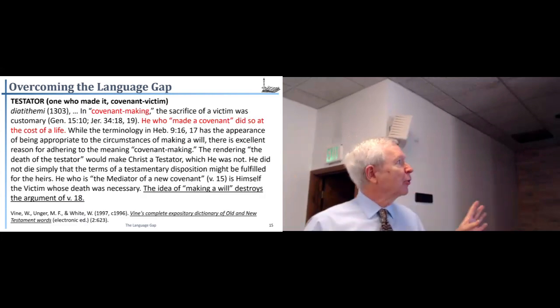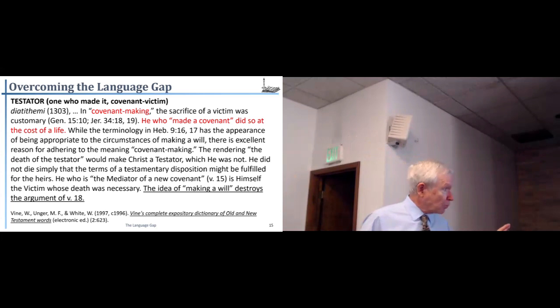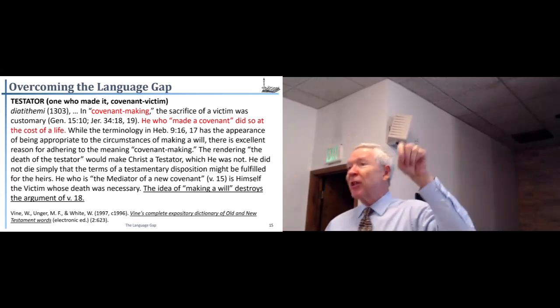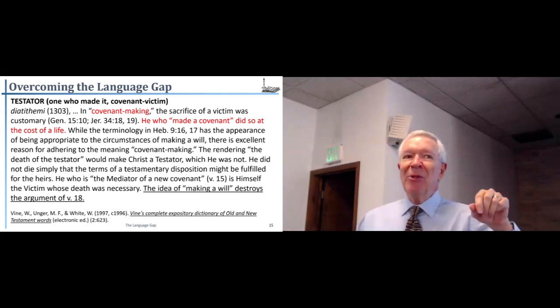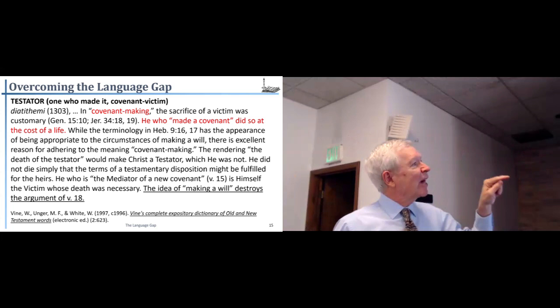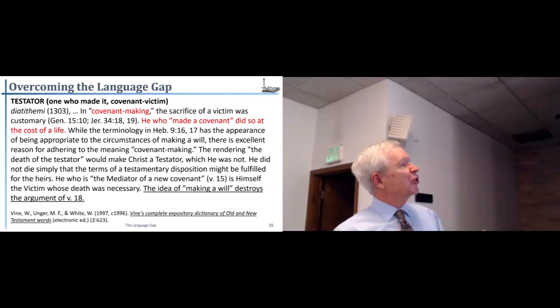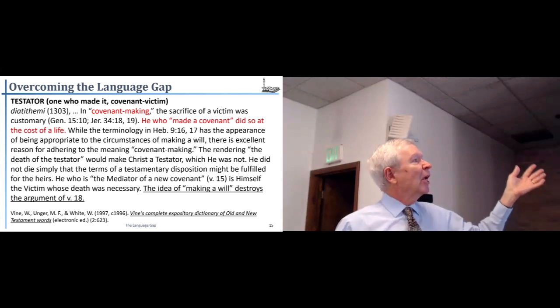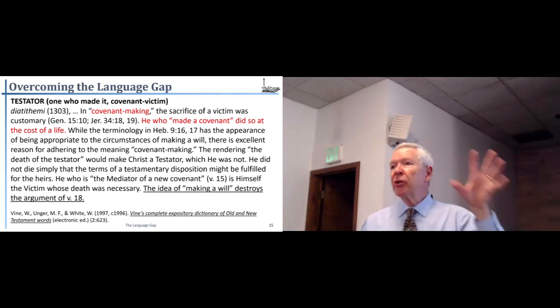Well, let's go a little further. Here's one from Vines where you start looking at the word they translate testator there, but he comes up with an interesting explanation of it, because in covenant making, the sacrifice of a victim was customary. And he goes ahead and quotes the Old Testament passages there where you can see that. He who made a covenant did so at the cost of a life.